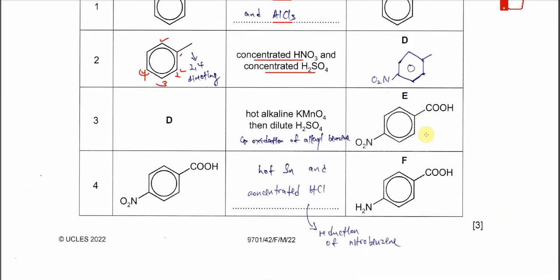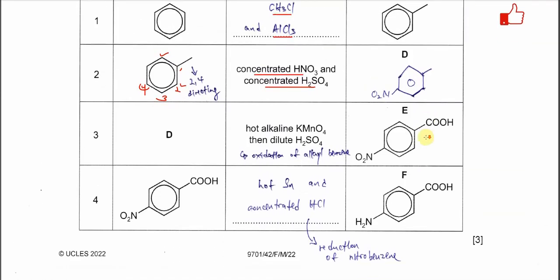For this step 3, we know that the D here will react with hot alkaline KMnO4, then the dilute H2SO4. Dilute H2SO4 is for the acidification. So when you see these reagents and the conditions, you should know that is the oxidation of alkyl benzene.